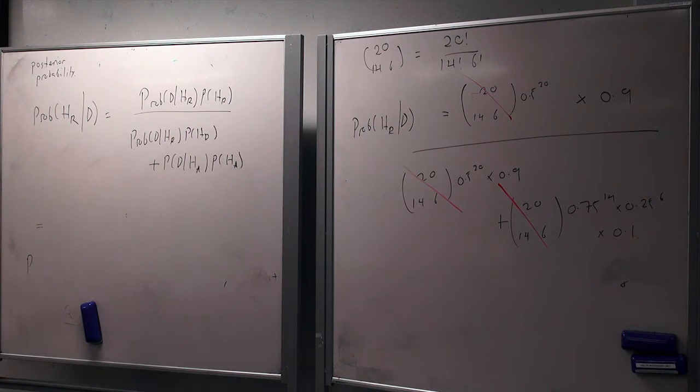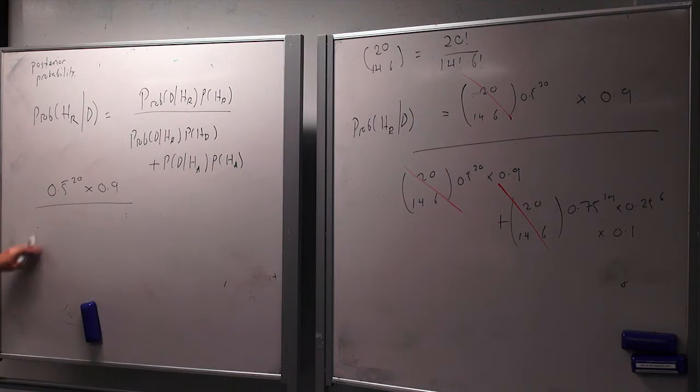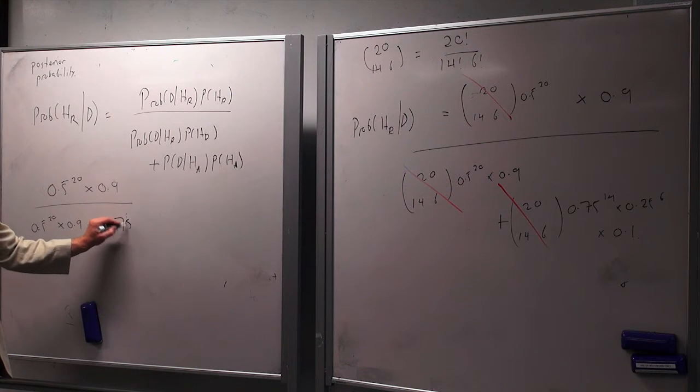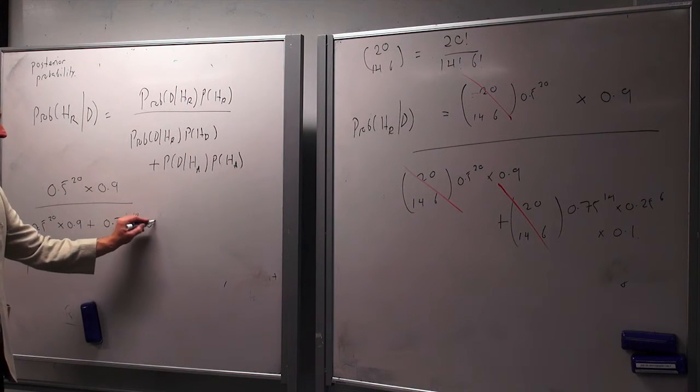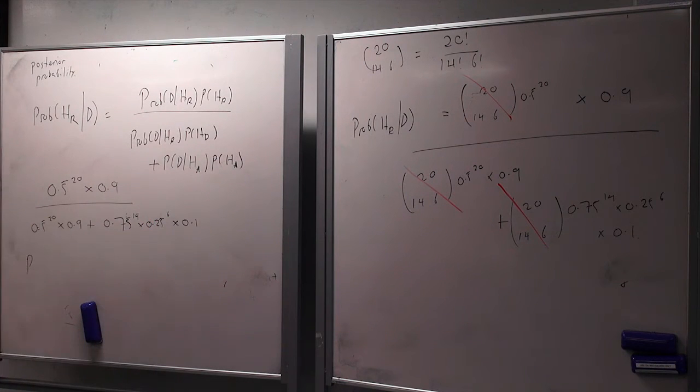We've got 0.5 to the power 20 times 0.9 divided by 0.5 to the power 20 times 0.9 plus 0.75 to the power 14 times 0.25 to the power 6 times her 0.1.